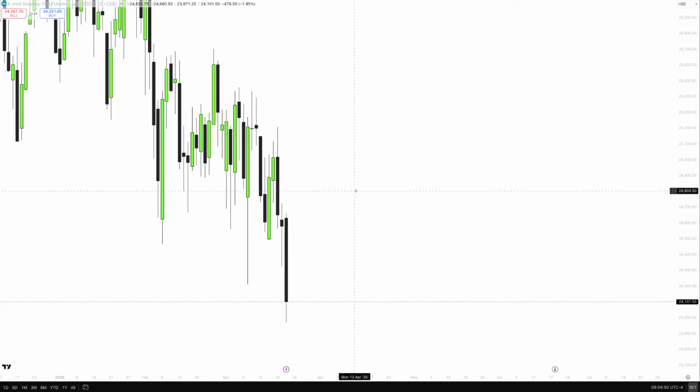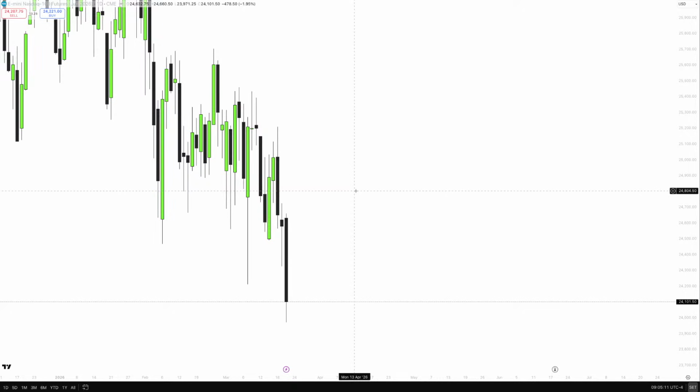And I have a checklist where I go through all of the points and see if they are telling me that we're either more on the bullish side or more on the bearish side. So let's start.